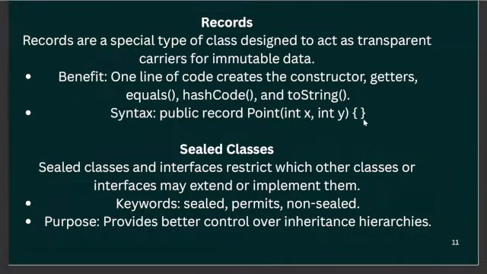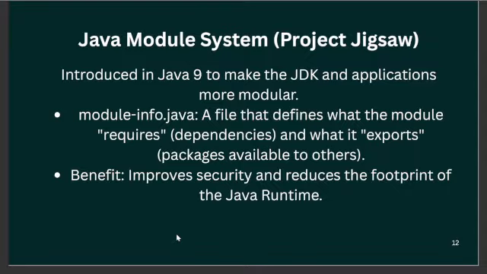This is how we create records. We have sealed classes as well. Sealed classes and interfaces restrict which other classes or interfaces may extend or implement them. The keywords used are sealed, permits and non-sealed, and the purpose of sealed classes is to provide better control over inheritance hierarchies.